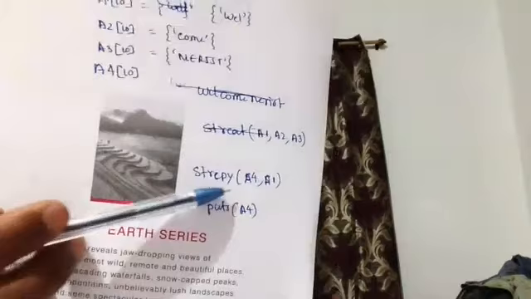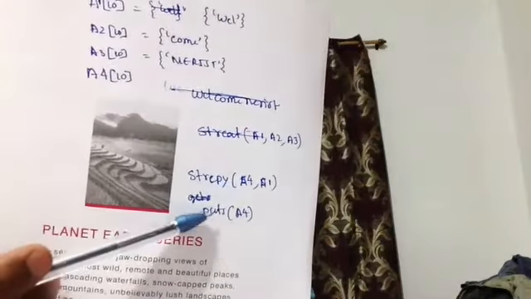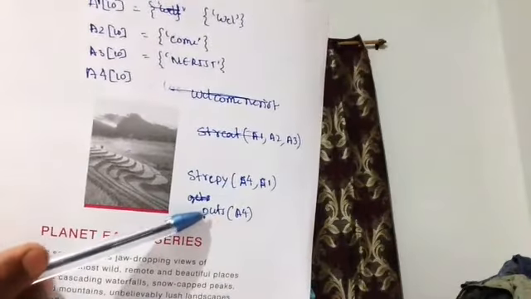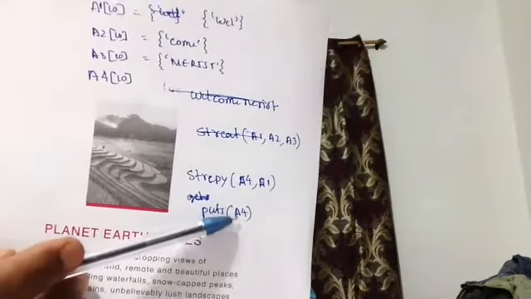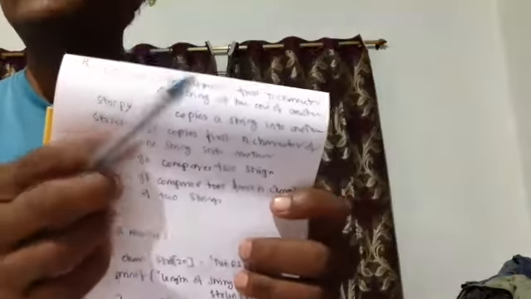But after copying, the value of A1 will be available in A4. So if I print it, it will display "well". I will go for an example also. Next is strncpy.